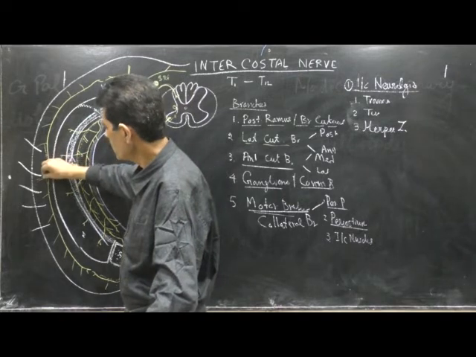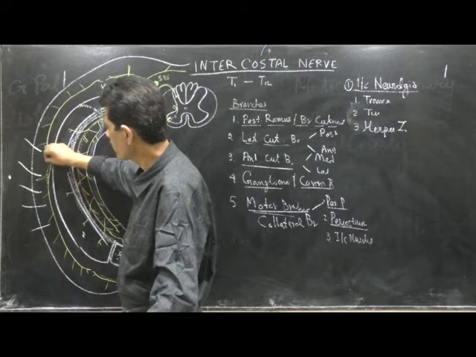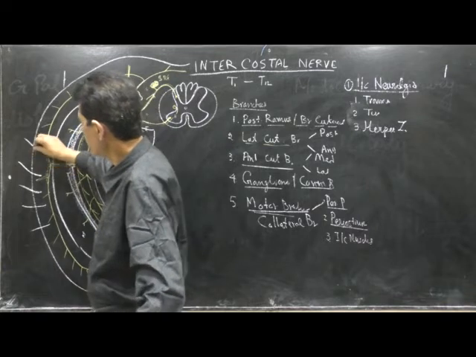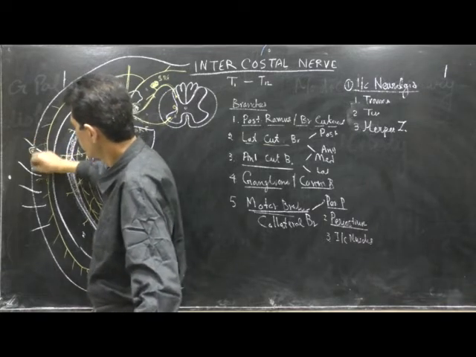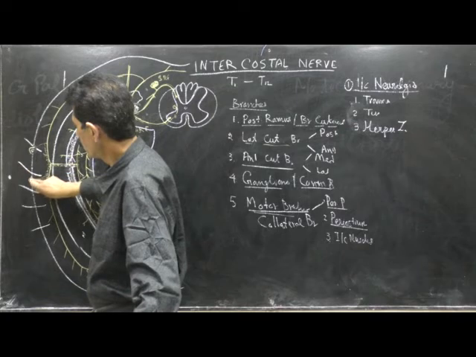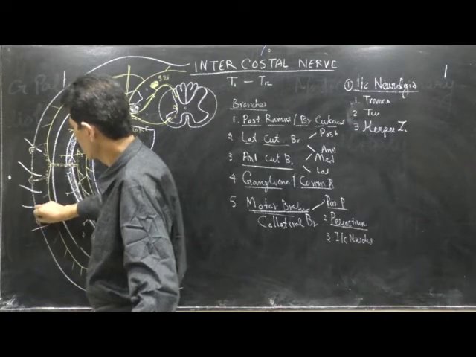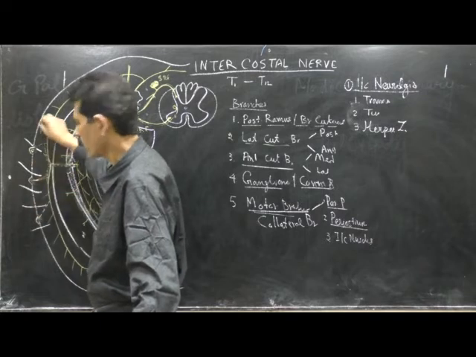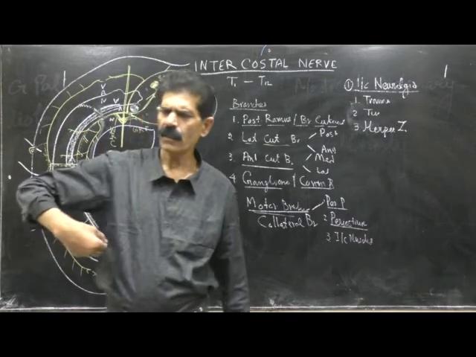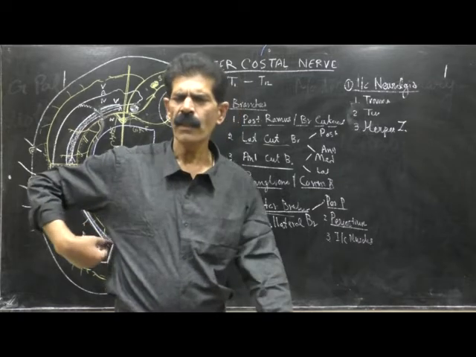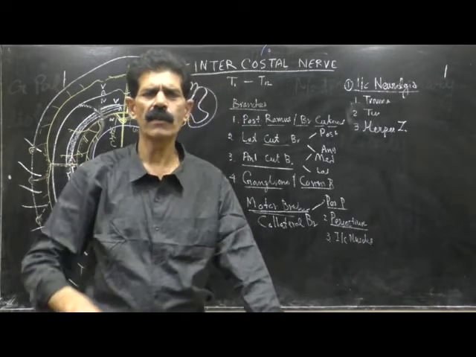The patient comes with swelling or crops of blister formation along the skin. So there is a blister-like swelling of the skin along the distribution of the intercostal nerve.